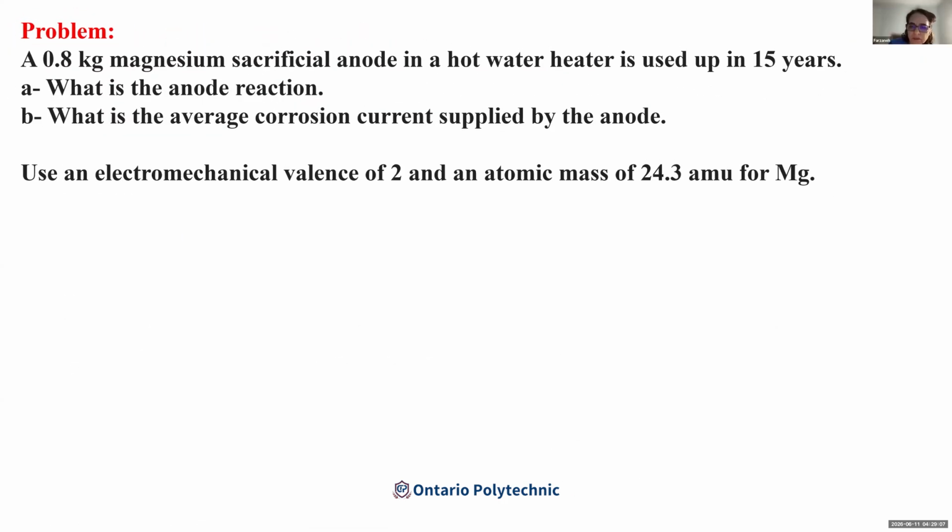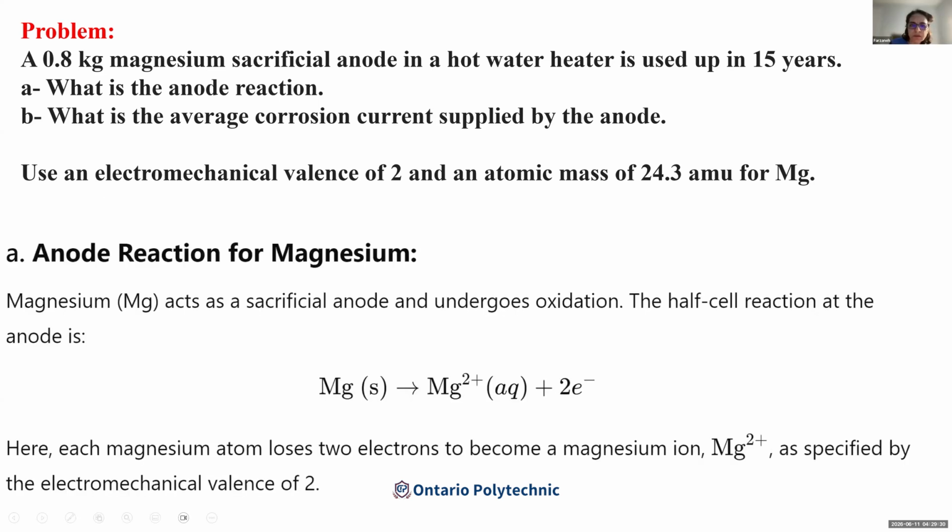Magnesium loses electrons. We should write Mg. Exactly. It has 2 electrons. Mg2. You know, because it says to use an electrochemical valence of 2, right? Yes. So it should be Mg2 plus, plus 2 electrons, and then yes.